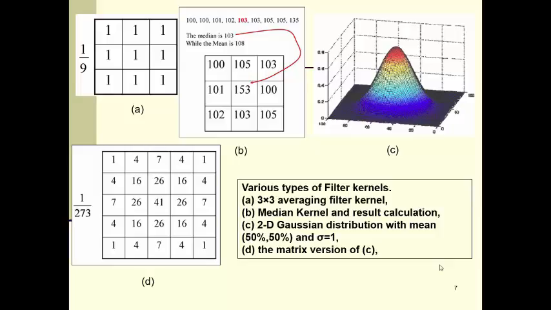Here I have values ranging from 100 up to 153, and they will be sorted. So I will have 9 sorted values. I will take the 5th element after sorting, and this will be the median. The 5th element here is the red one, which is 103. So this pixel will be replaced by 103. Understand the idea? Right, so this is one thing.